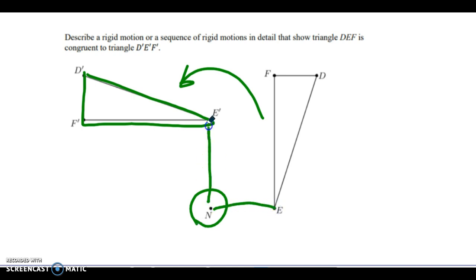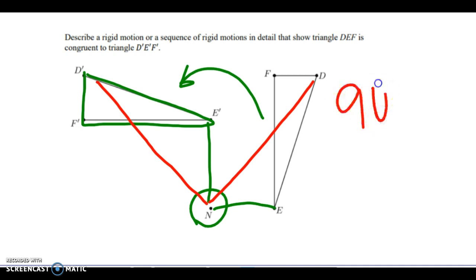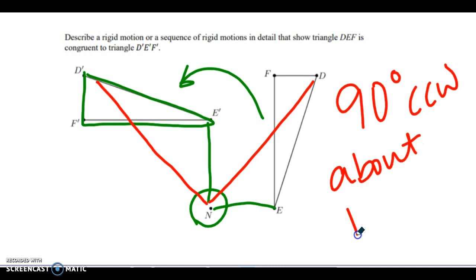E is going to maintain that same distance from N. D is going to maintain that same distance from N. And the same thing with F. So this one has been rotated, and from the example from before, it has been rotated 90 degrees counterclockwise, the opposite way that a clock goes, about point N.